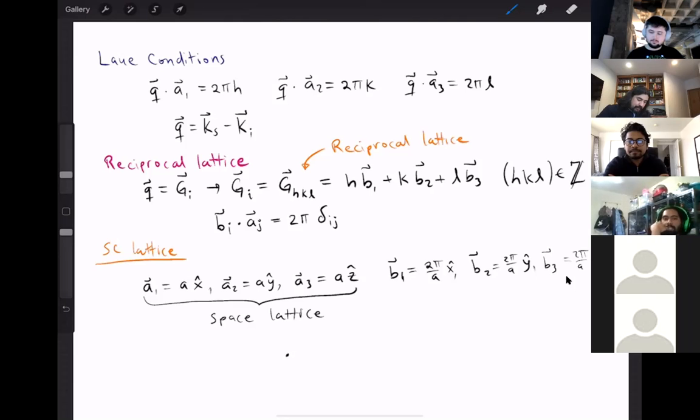So if you have a cubic cell or a square cell, this distance is a. This is a1 in that direction. This is a2 in that direction, and presume that a3 is coming at you perpendicular to the paper. That's the real space lattice. And this is the reciprocal lattice.